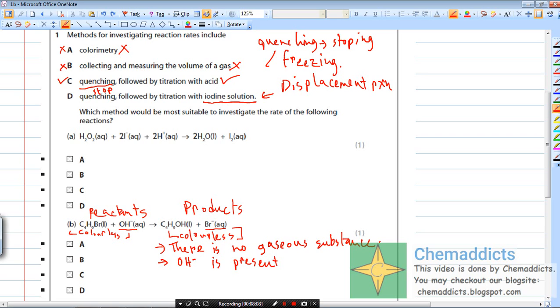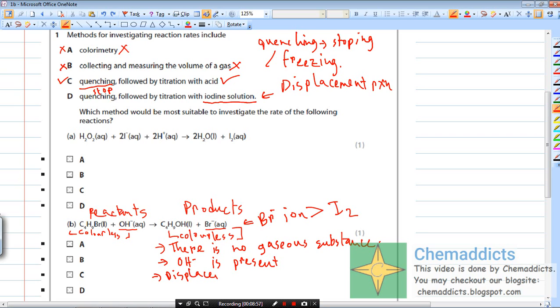But iodine is less reactive than bromine, so iodine can't displace bromide from its compound.